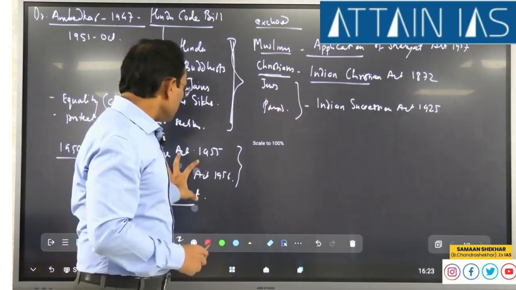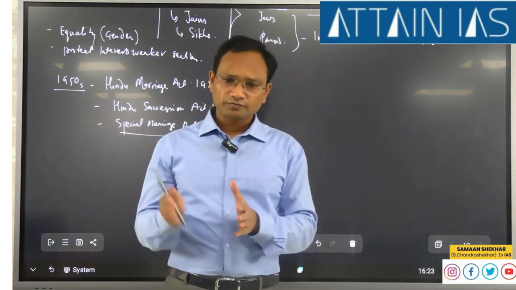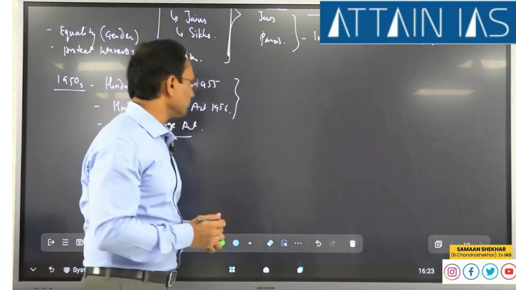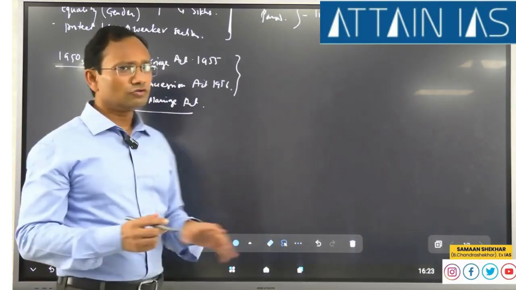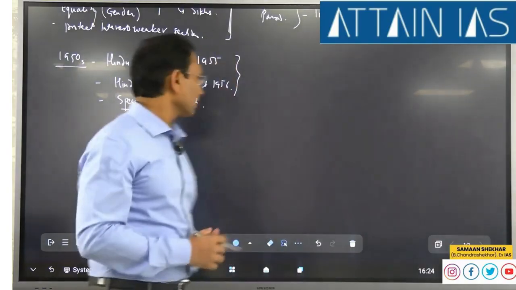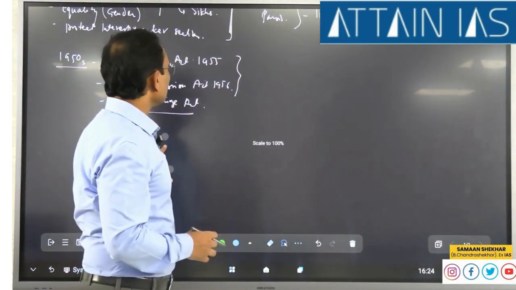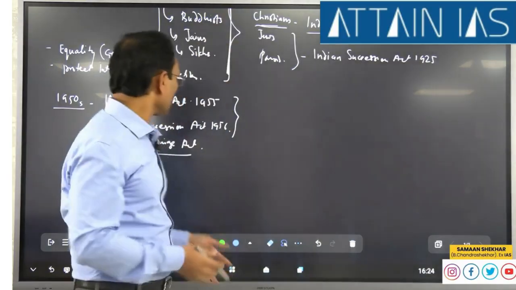With this multitude of laws governing various aspects of the personal life of people, the need to have a uniform civil code is really well placed, and logically thinking, it is something that we should have.